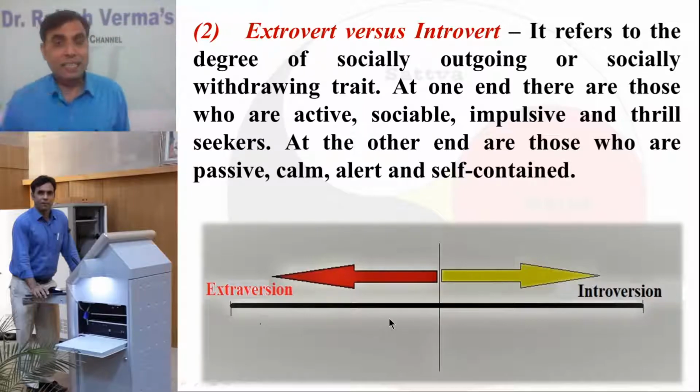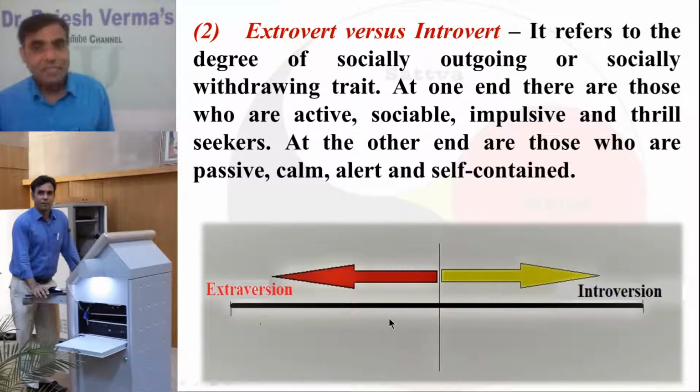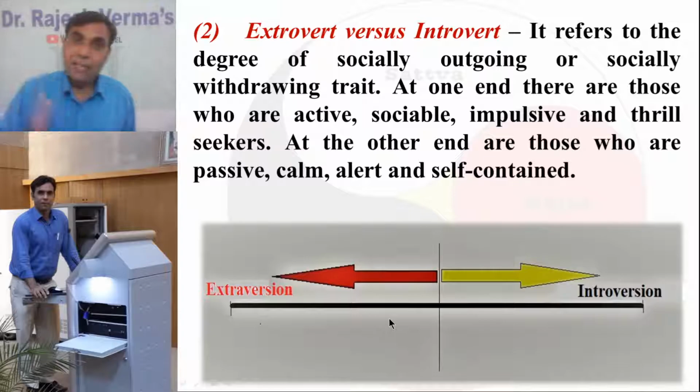Whereas at the other end, those who are socially withdrawn, passive, calm, alert, self-contained, you call them couch potatoes. They remain within their own world. They do not like to interact with people. They have a lower level of interpersonal relations, and they talk limited. So these types of people are considered introverts.